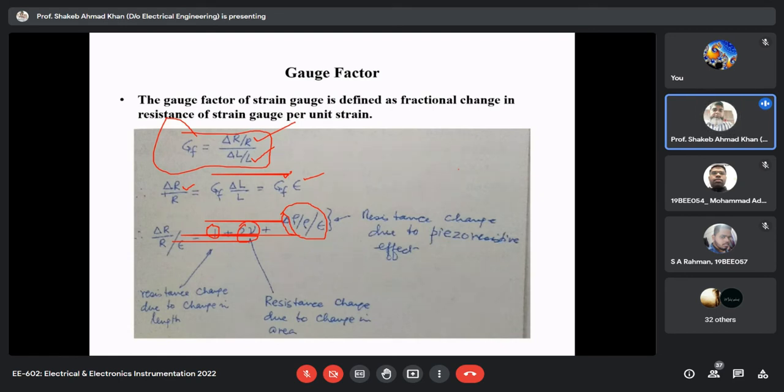Now when it is strained, the bonds get skewed and the bond forces are not entirely balanced. So additional forces are available when the material is strained.